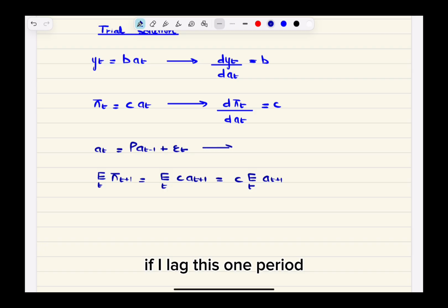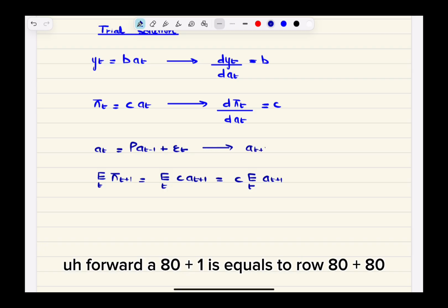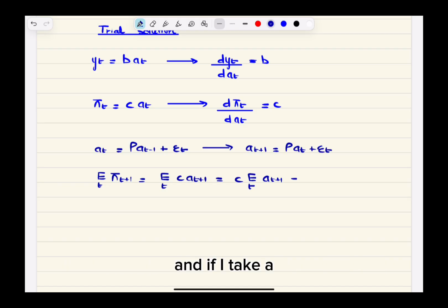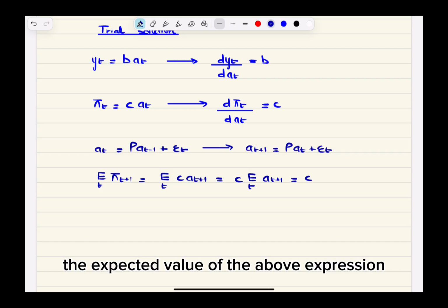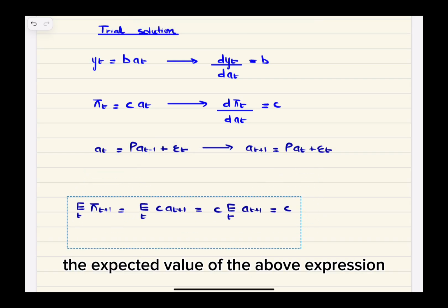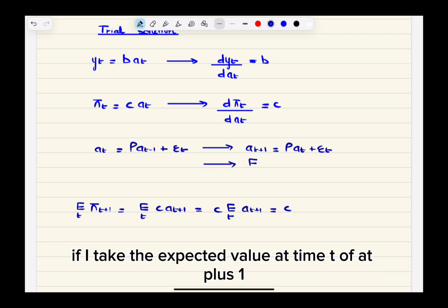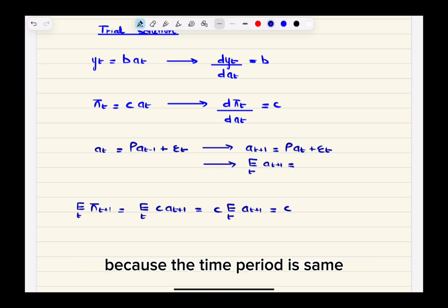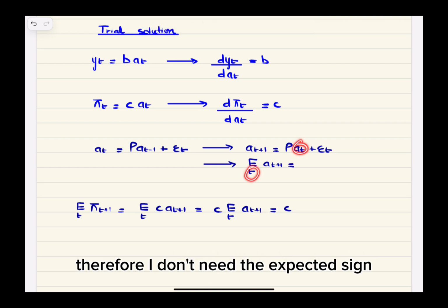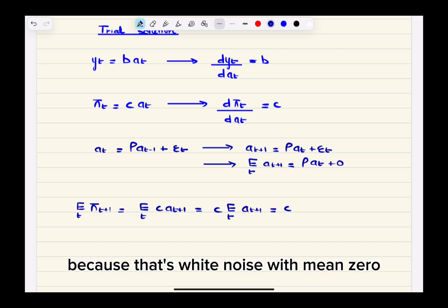If I lead this one period forward, a_(t+1) is equal to rho a_t plus e_(t+1), and if I take the expected value at time t of the above expression, because the time period is the same, I don't need the expected sign, and this becomes a 0 because that's white noise with mean 0.